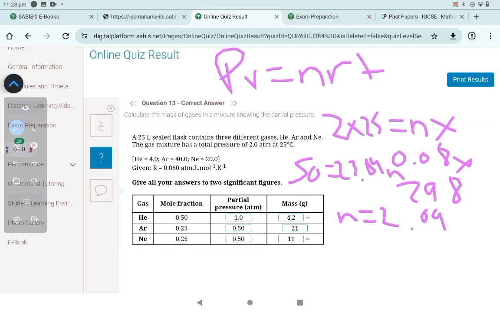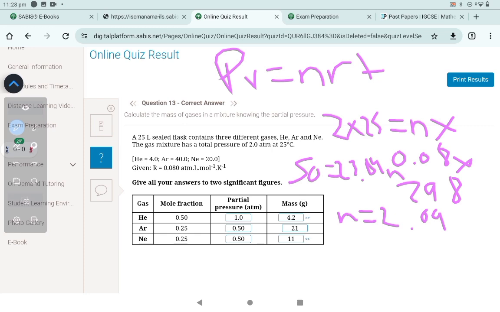So we have to do 0.5 multiplied by 2.1 to find helium's moles only. It's 50% of the entirety of the moles. So 0.5 multiplied by 2.1, we get 1.05. We round that, we get 1.